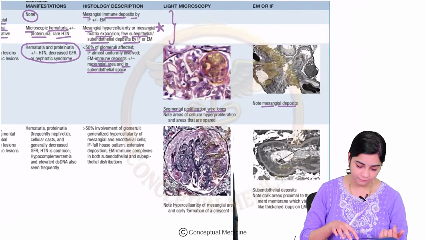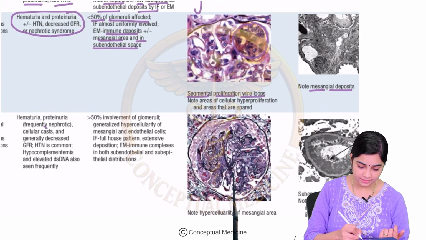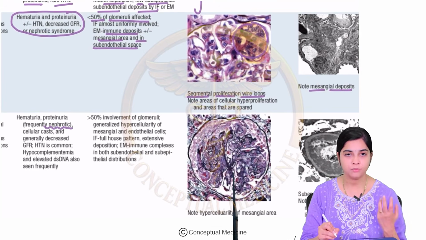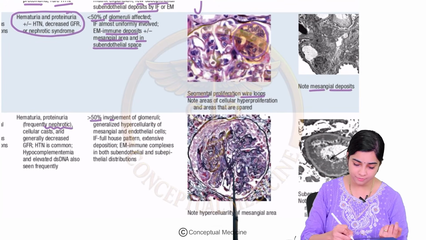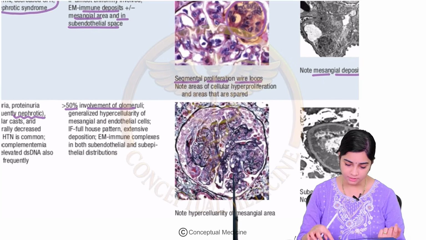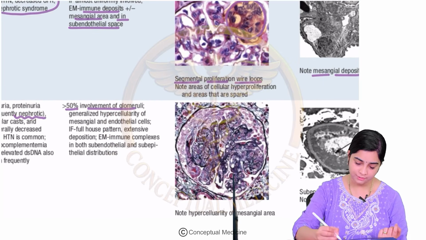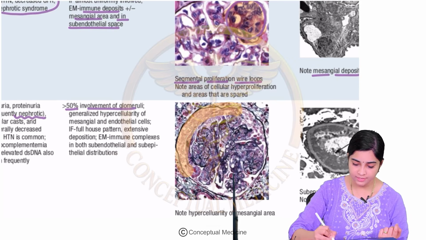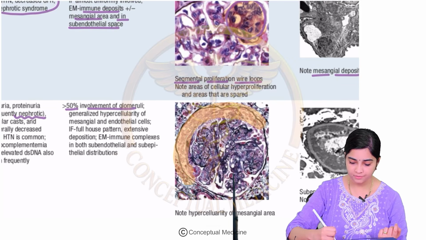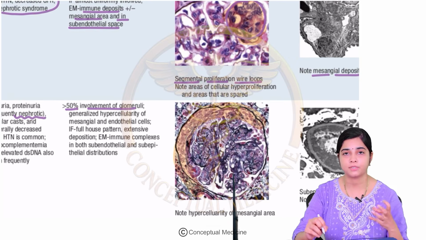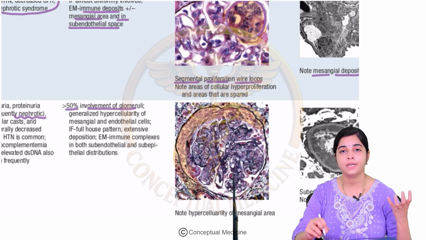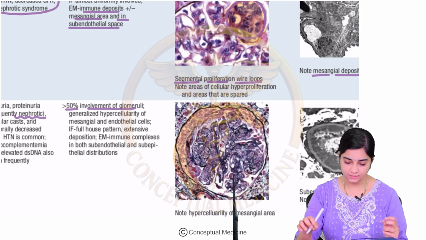Okay, in diffuse, what happens is frequently it is a nephrotic type of proteinuria and there is more than 50% involvement of the glomeruli. And sometimes you can also have formation of, can you see here, these crescents, right? So crescents have a very poor prognosis. You can have a collapse of the glomeruli and expansion of the parietal epithelial cells resulting in crescents.